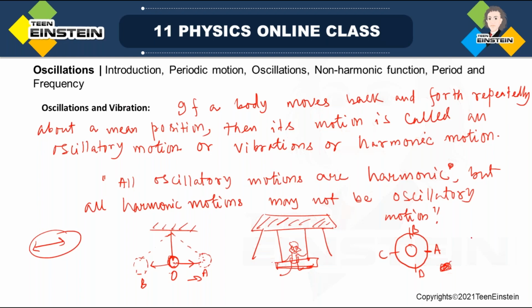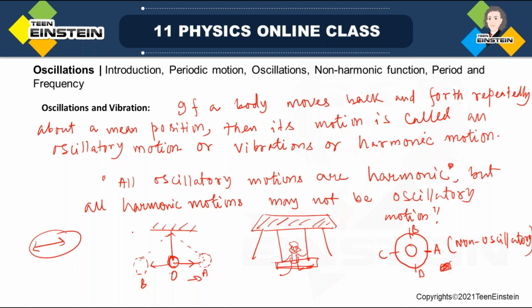So that's why this is not oscillatory. It is periodic or harmonic, but non-oscillatory motion. You have to understand the difference between harmonic or periodic motion. All periodic motions cannot be oscillatory motion, but all oscillatory motions must be periodic, or harmonic. That is what to learn over here.